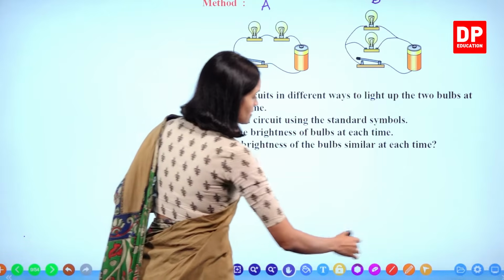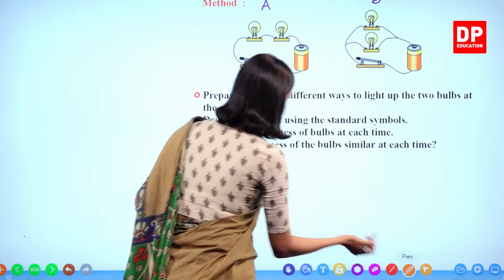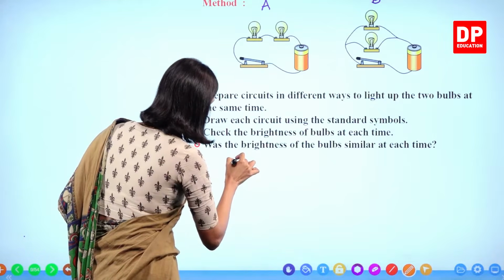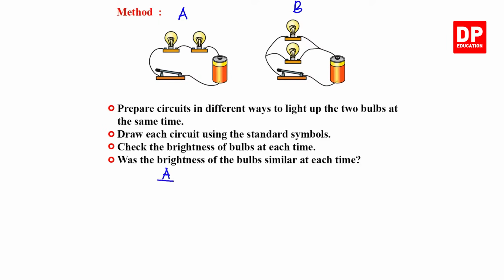Right. Let's see, there are two bulbs in the same line. There are two bulbs in the same line, like this. And we have to connect them like this. There's a switch, and according to this one dry cell.